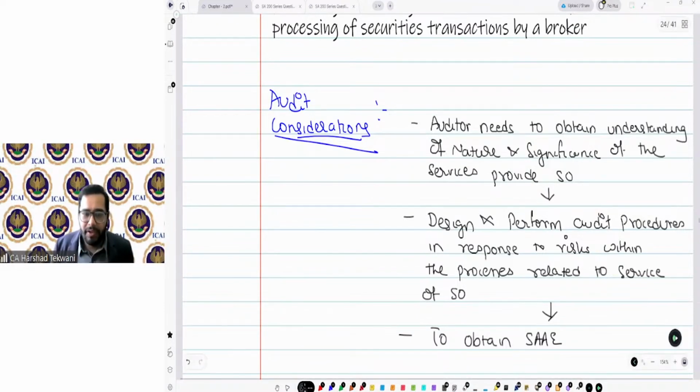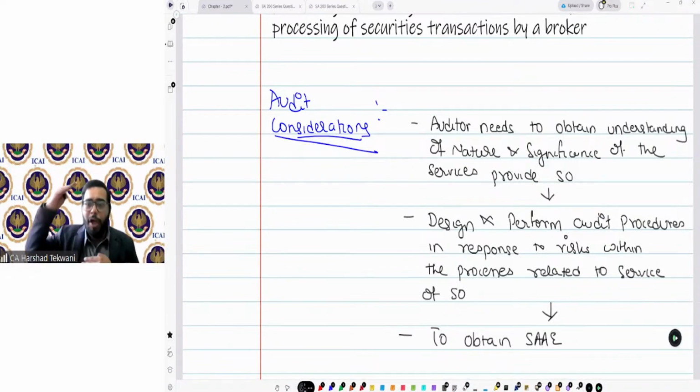If you work backwards: expression of opinion needs sufficient and appropriate audit evidence. For that, design and perform audit procedures, which include procedures on the services provided by the service organization. For that, understand what services are provided. If you understand this line, you'll understand what we need to do.